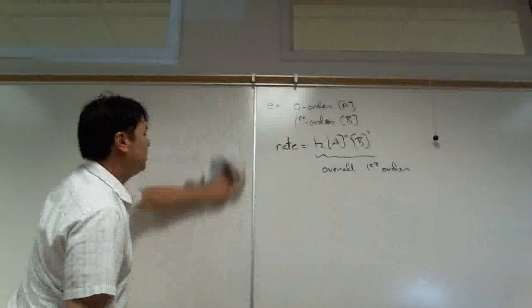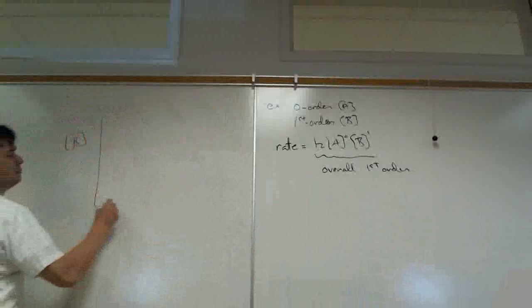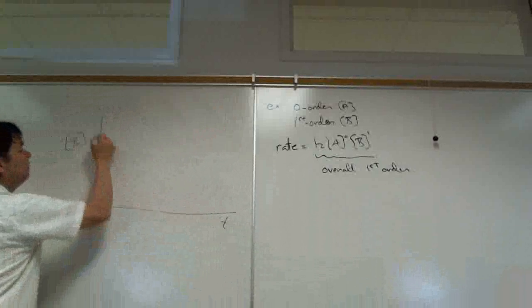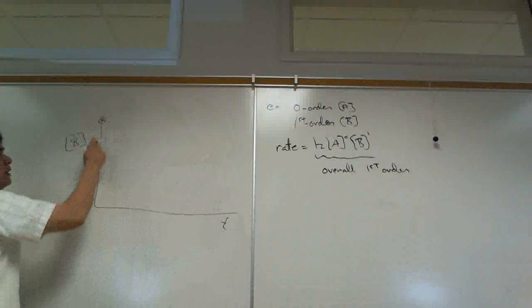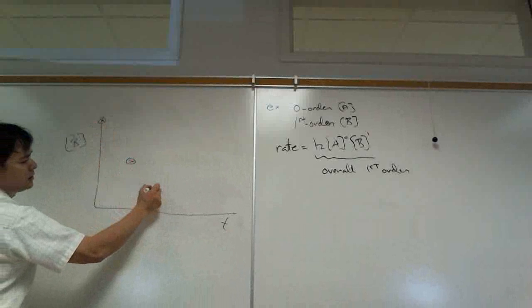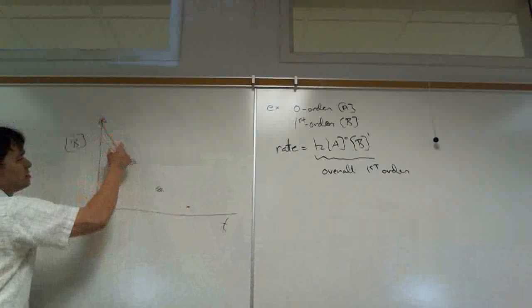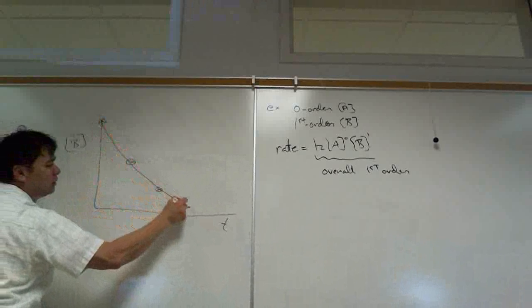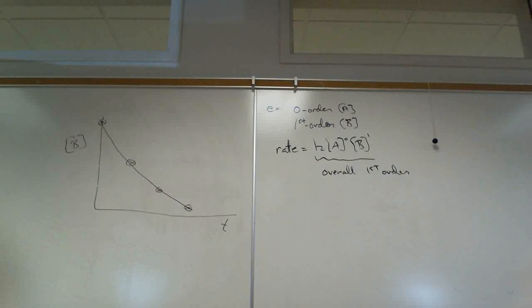Well, a plot of B, that should be easy to see. A plot of B is going to be B versus time. It's first order in B. So we cut the concentration in half. It takes this long. We do it again. It takes the same amount of time. And so it looks like a nice first order decay in B, correct?